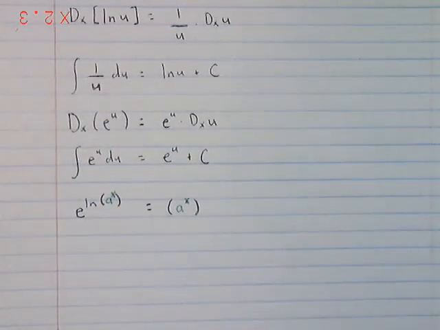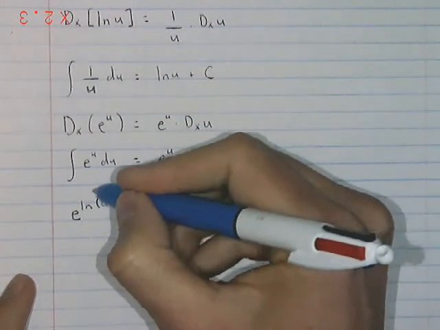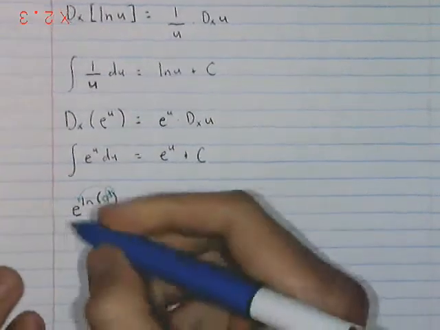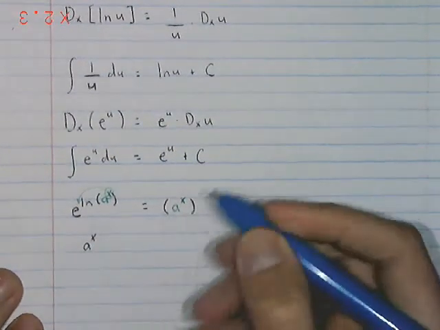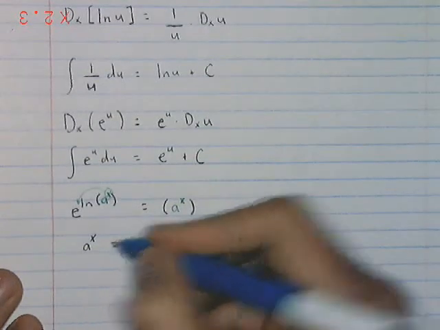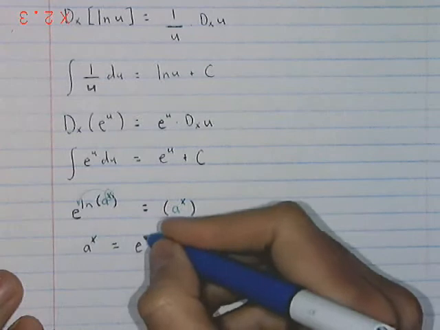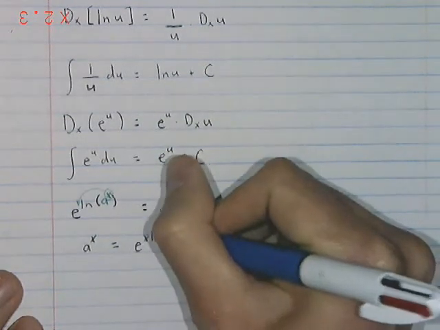And I believe the book even went one step further, bringing this x down. And so we have this definition of the exponential function of any base is equal to e raised to the x times the ln of that base.